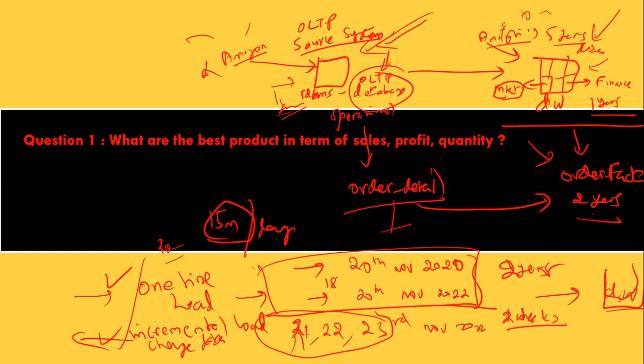A customer ordered a product on 18th November, and he cancels it on 21st November. The customer raised the order on 18th, and it is captured here in your data warehouse, but on 21st he is canceling it.